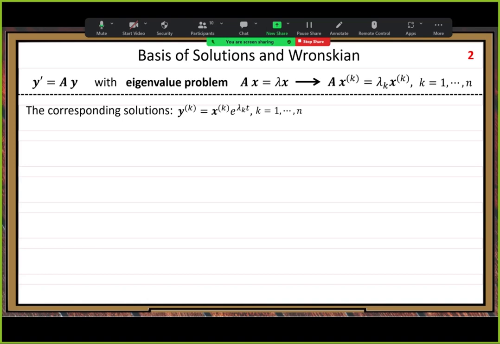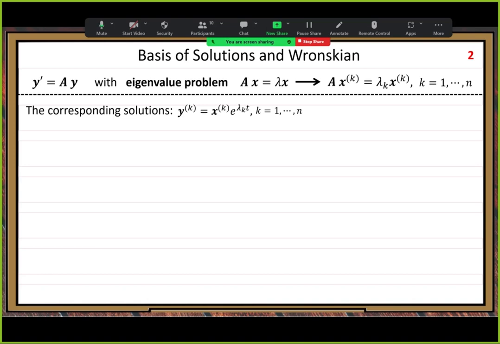You can easily verify this: if you plug it into the original equation and use the eigenvalue-eigenvector equation, you can see this y vector satisfies the original equation. So it is a solution. But we have n of them, n y functions.